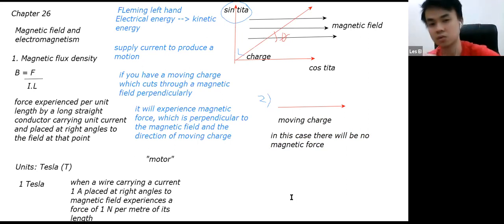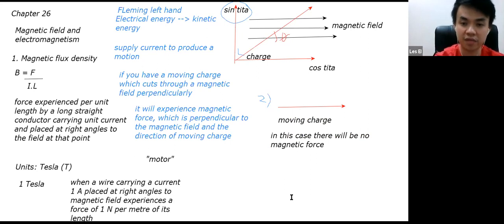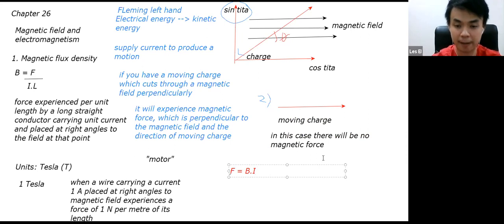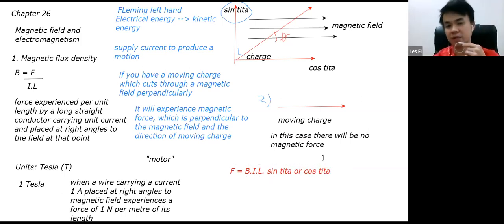Probably you read either the national textbook or the IB textbook, and they already derive a formula. They like to give the students a formula where they write F equals B times I times L times, I forgot, a sine or cos. My suggestion is you don't need to memorize the formula in terms of sine and cos, because the matter of sine and cos is actually the understanding of which component you have to take, and you have to take the perpendicular one.